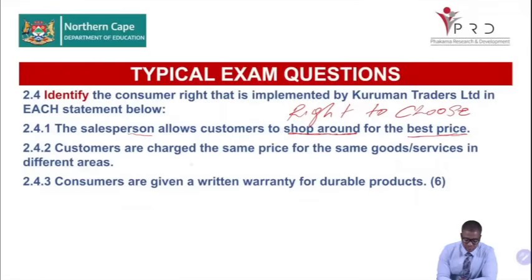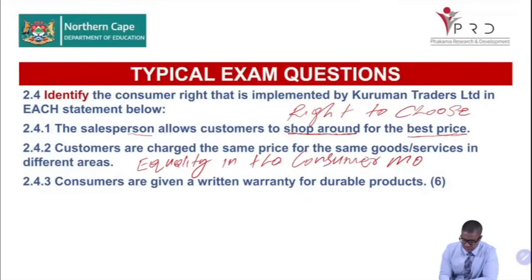And then customers, when they are being charged the same price for the same goods or service in different areas, it means here we are seeing the right that talks about what? Equality in the consumer market. So this would be the right to equality in the consumer market. Then consumers are given a written warranty for durable products.